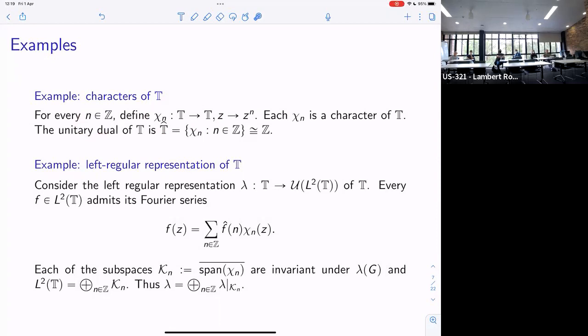And it turns out that the unitary dual of the torus is precisely this set of characters, in bijection with the integers. And this is isomorphic as a locally compact abelian group to the integers.